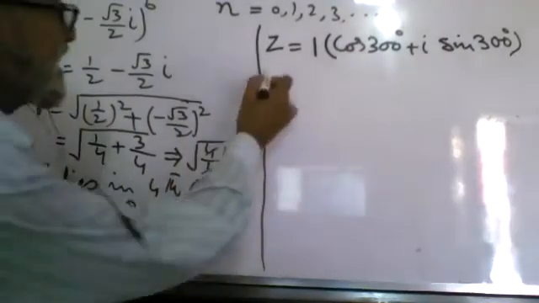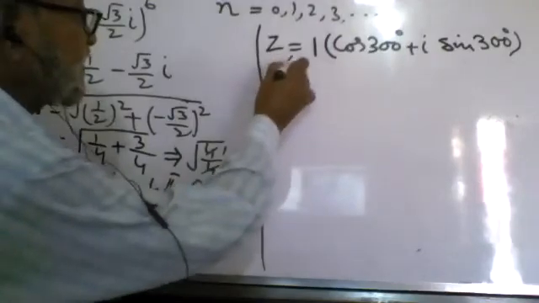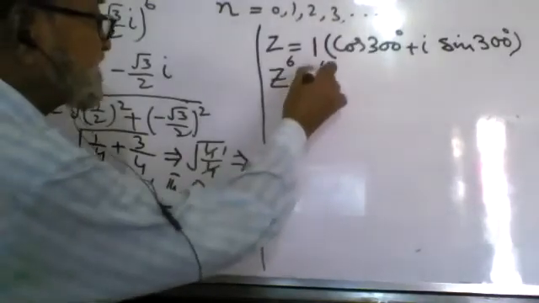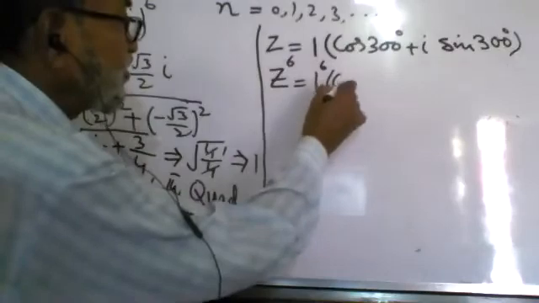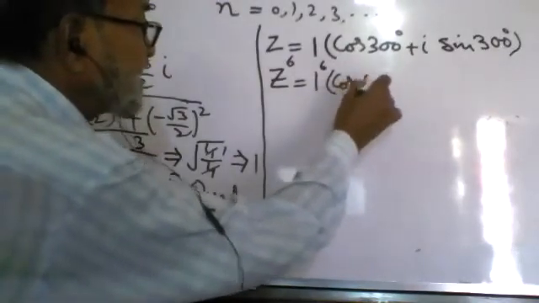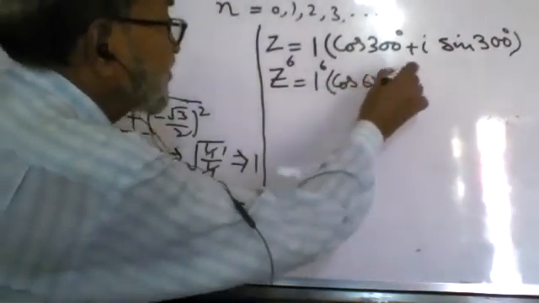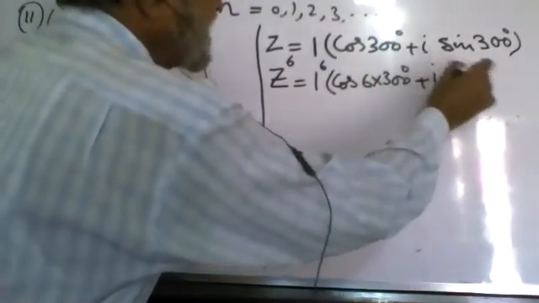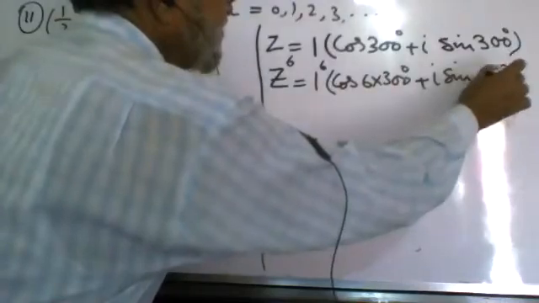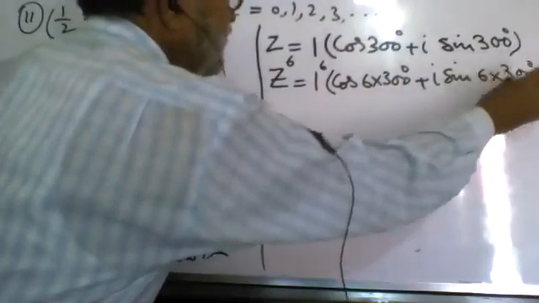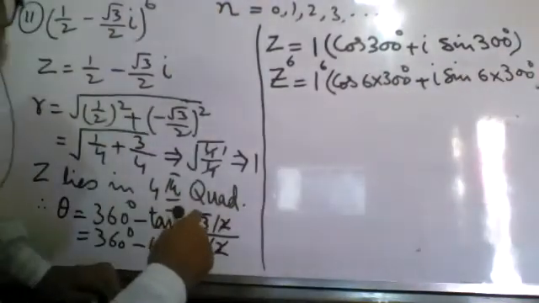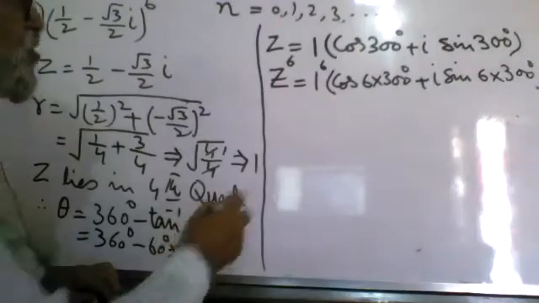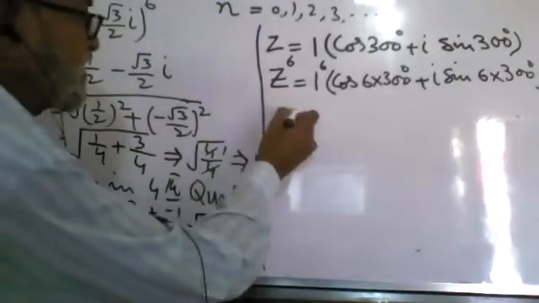Z raised to power 6 will become 1 raised to power 6 into cos of 6 into 300 degrees plus i sin 6 into 300 degrees. One raised to power 6 will be equal to 1.